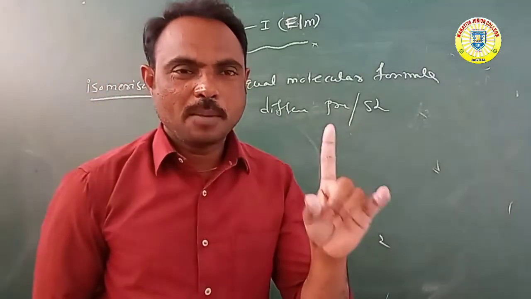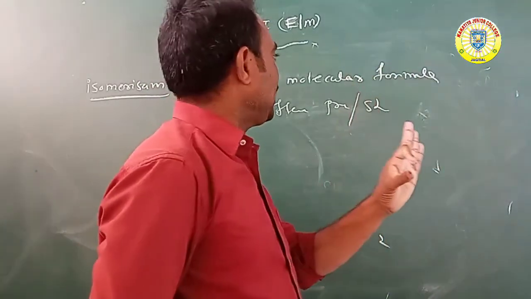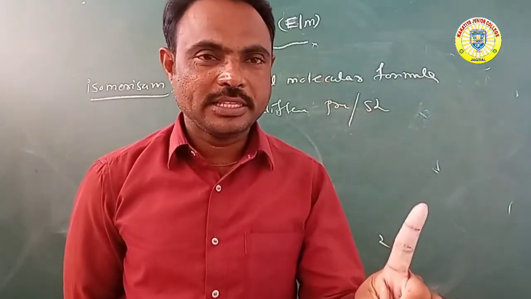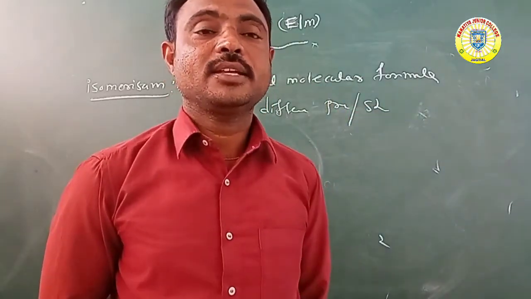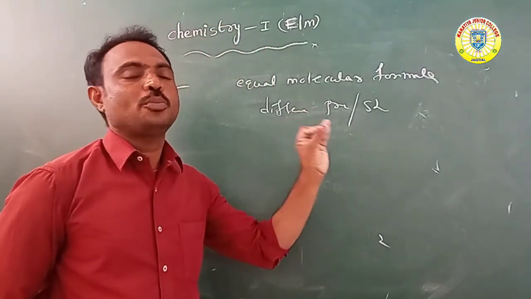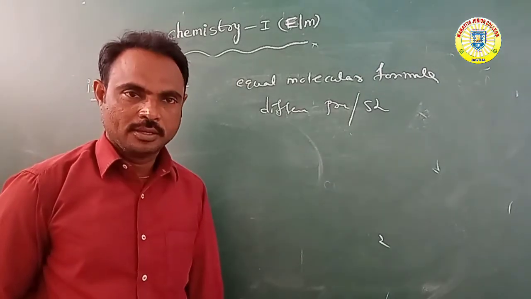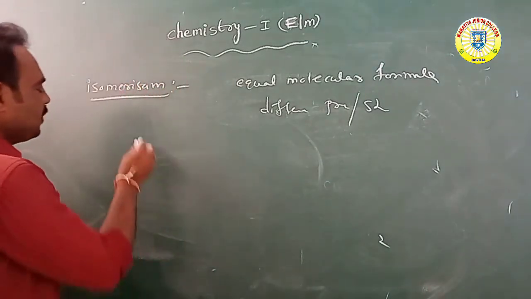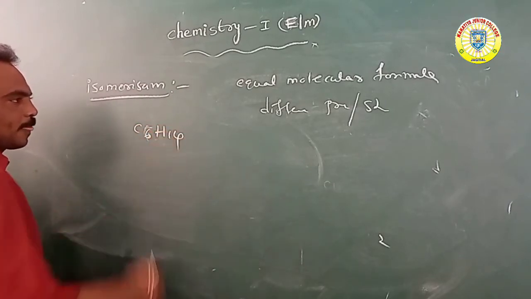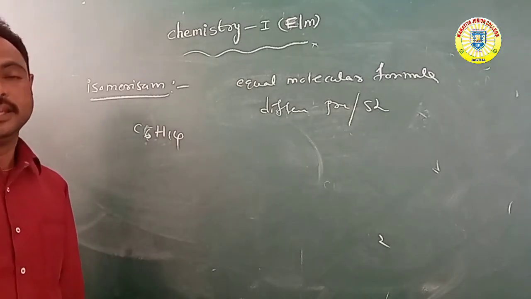Which compounds contain equal molecular formula but different properties or different structures, that phenomenon is called isomerism. Suppose, for example, C6H14. C6H14 is the formula of hexane.